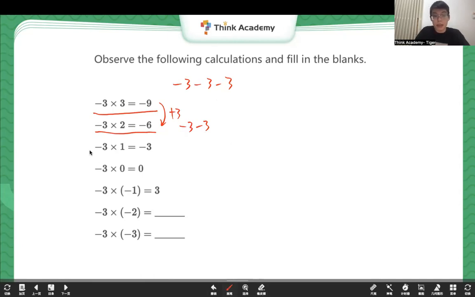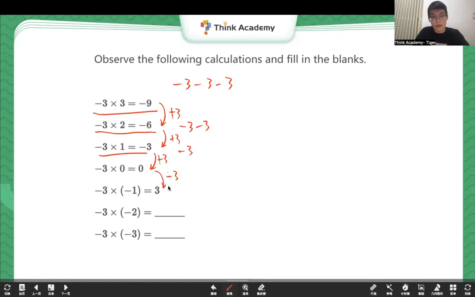So if I'm having -3 times 1, it will be adding another 3, such that it's just -3. And if I have -3 times 0, I will be adding another 3. So -1 is 1 less than 0. So definitely the next one is going to be minus another 3.